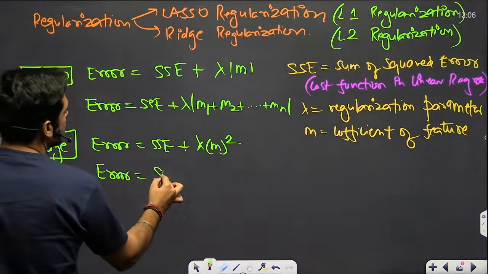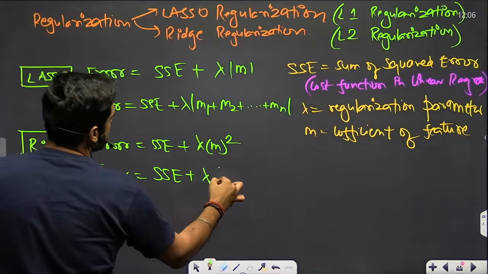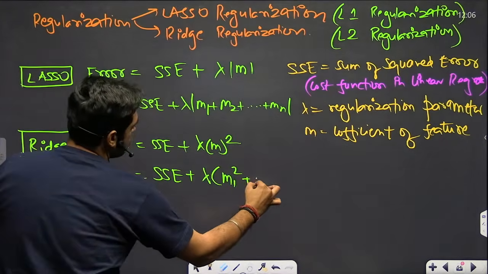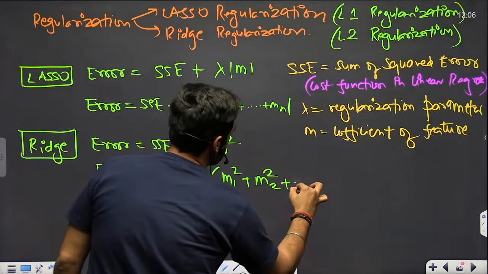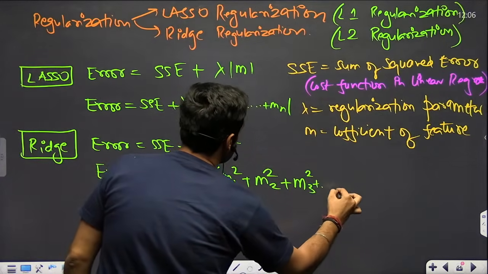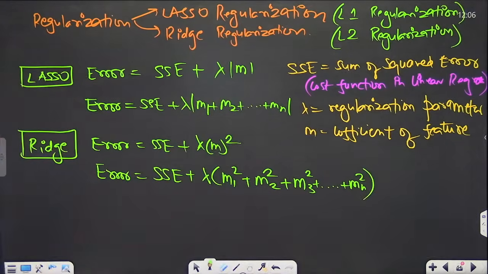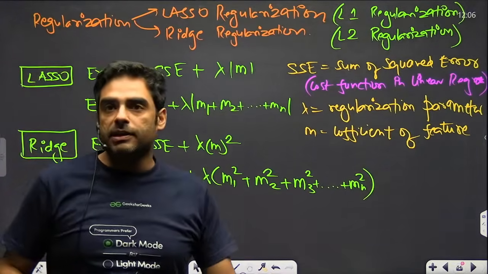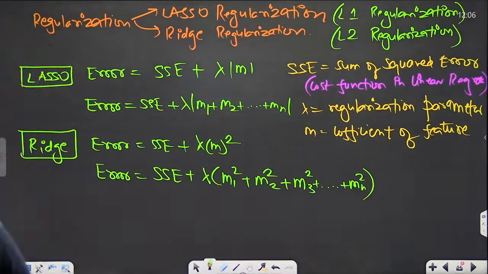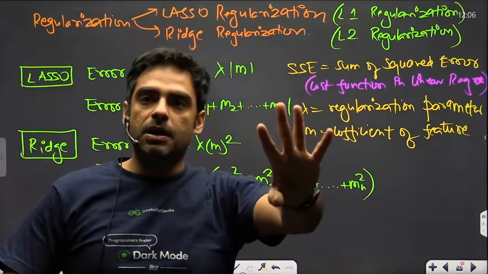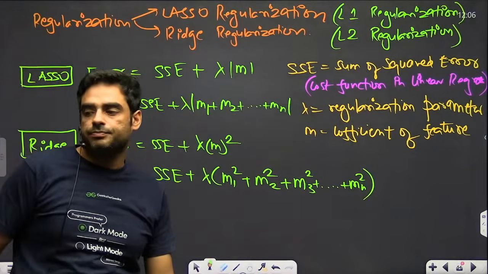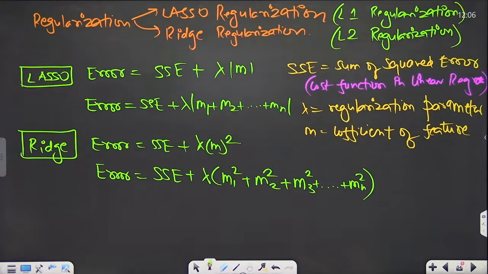And for multiple it is SSE plus lambda times m1 square plus m2 square plus m3 square up to mn square. That is the error in case of ridge regularization. The lambda value would be given to you, so don't worry. Please note it down.